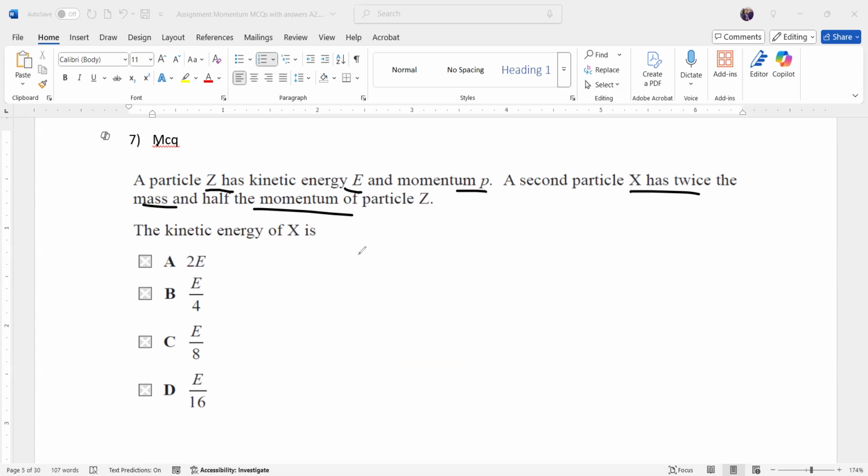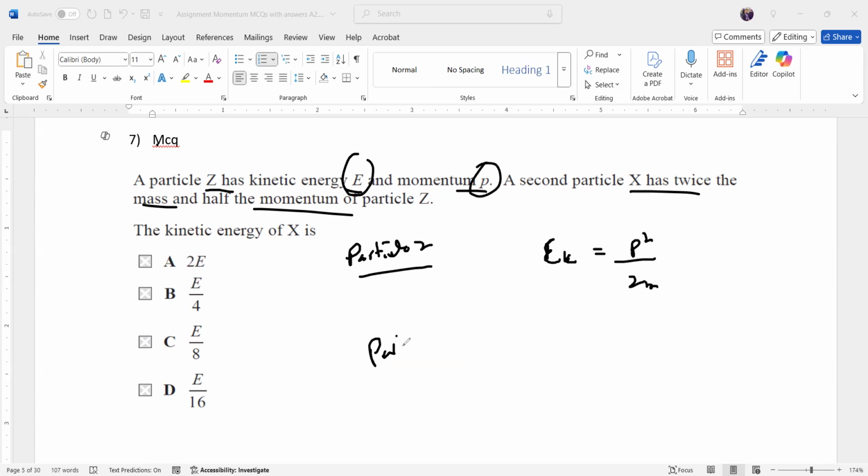Look, for particle Z, it has a kinetic energy E and the momentum P, and the mass, let's say, is M. So we have the formula that the kinetic energy is equal to P square over 2M. That's the formula. Now we have another particle, X, which has twice the mass.